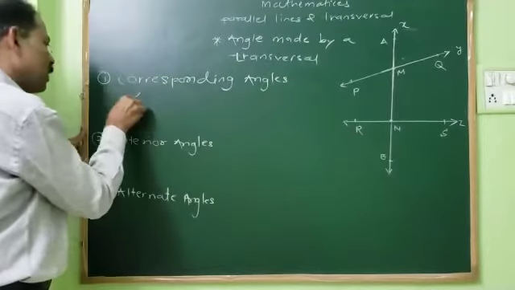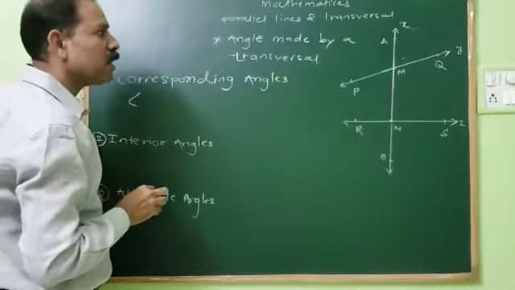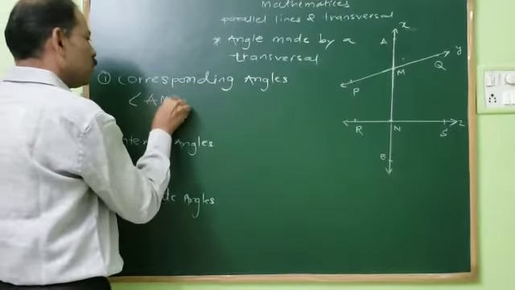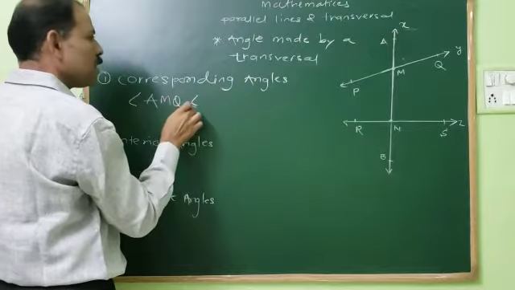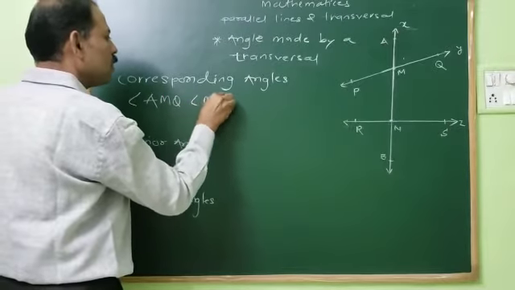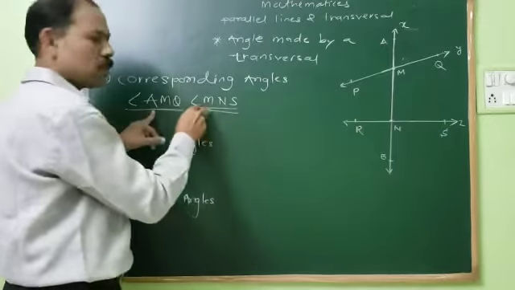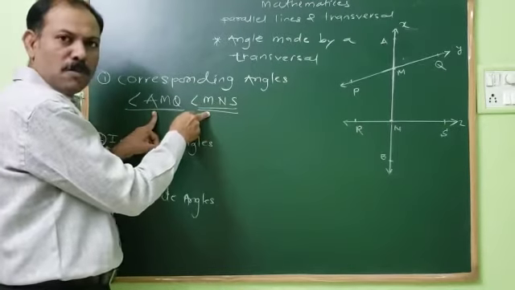Here I am writing the first pair of corresponding angles. First is AMQ, and its pair is MNS.